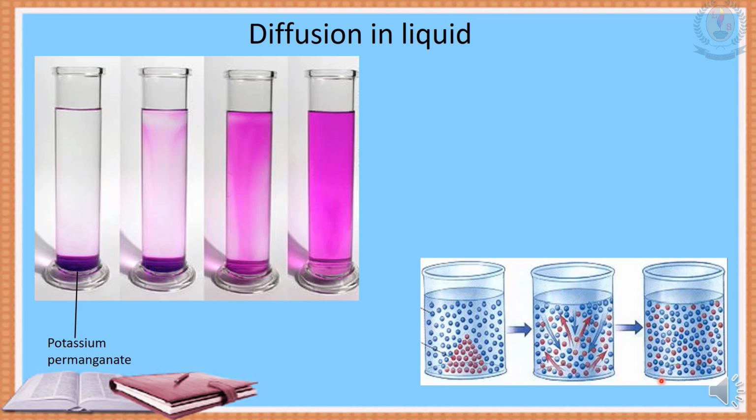After some time, what happens? The potassium permanganate particles are equally distributed everywhere in the water, equally distributed among the water particles. That is why you can see the total area in the same color. The potassium permanganate particles are equally distributed throughout the medium. That is why the whole amount of water can be seen in the same color.